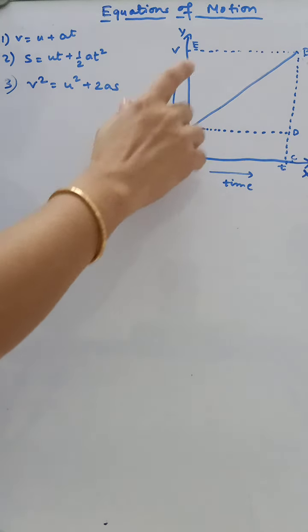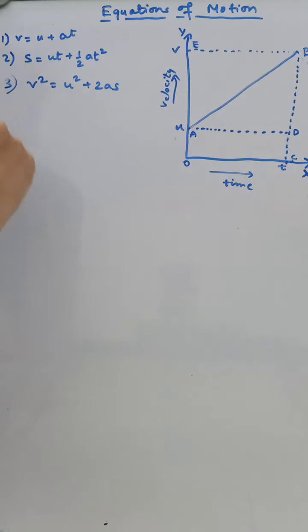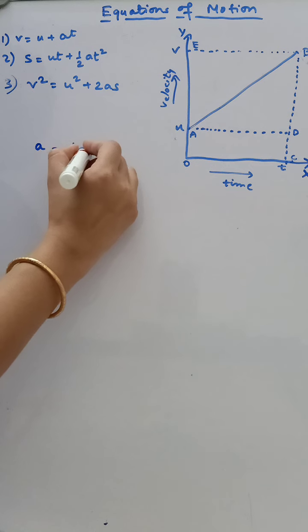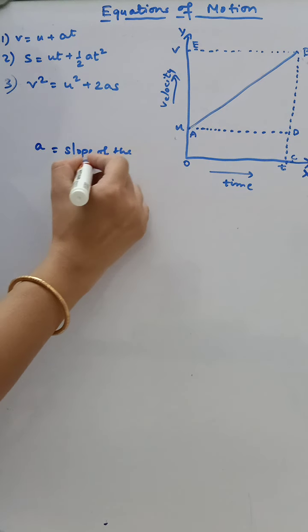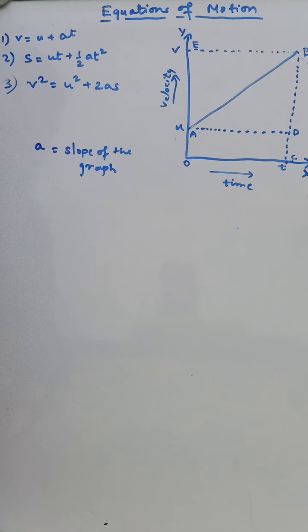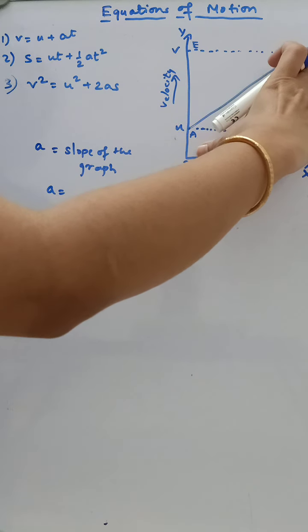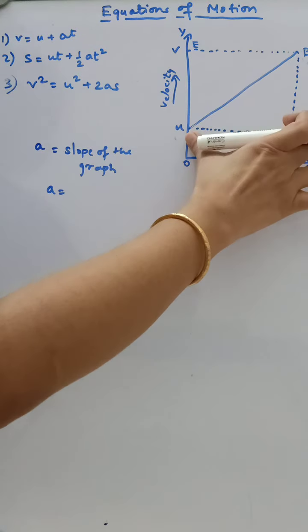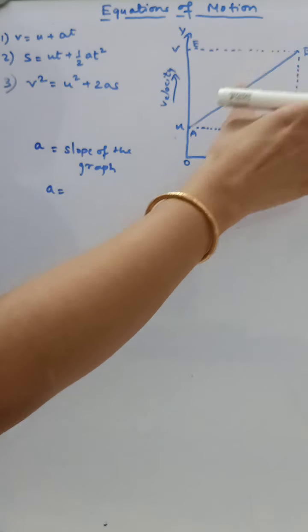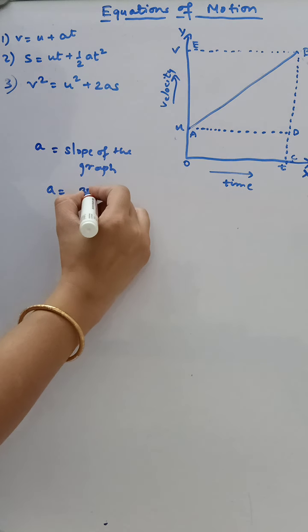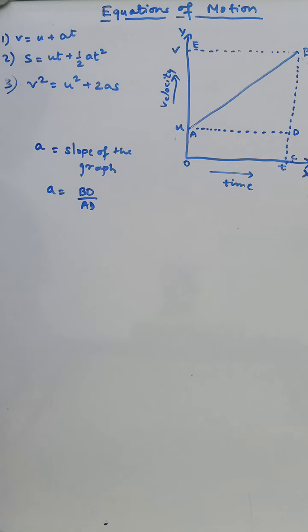So, how can we get the first equation from the velocity-time graph? From the velocity-time graph, we can find acceleration by finding the slope of the graph. The slope of the graph here is BD by AD.